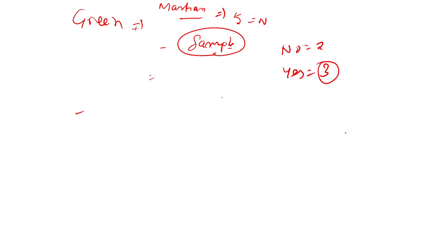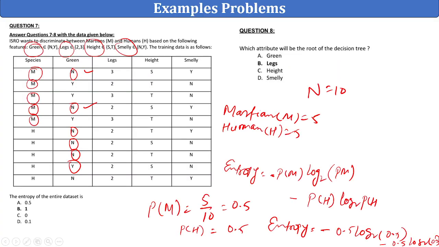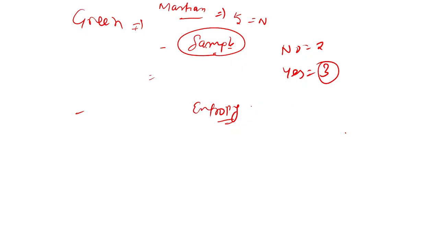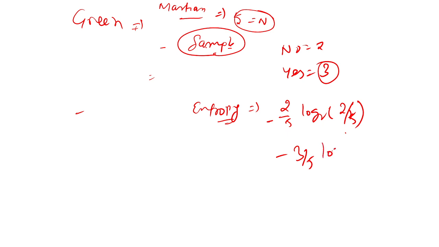Now we can get the entropy. Sample total is 5. So 2 by 5, minus log of 2 by 5, minus 3 by 5 log 3 by 5.